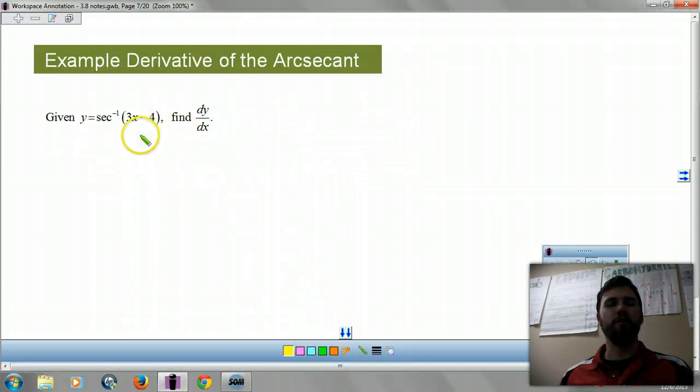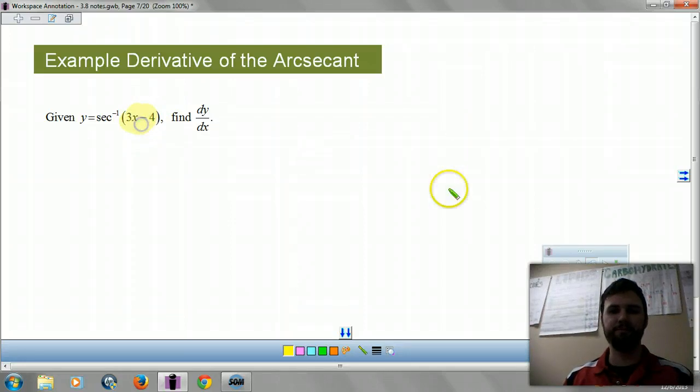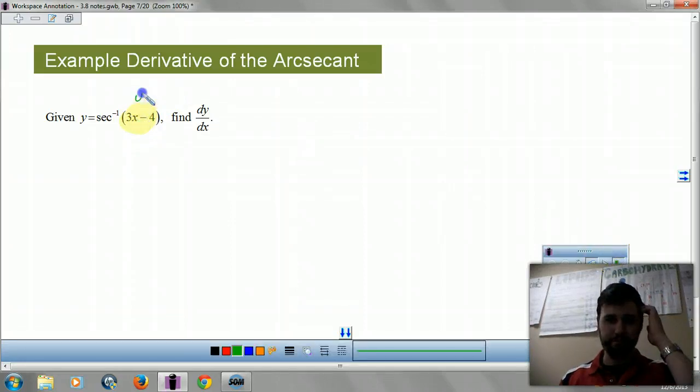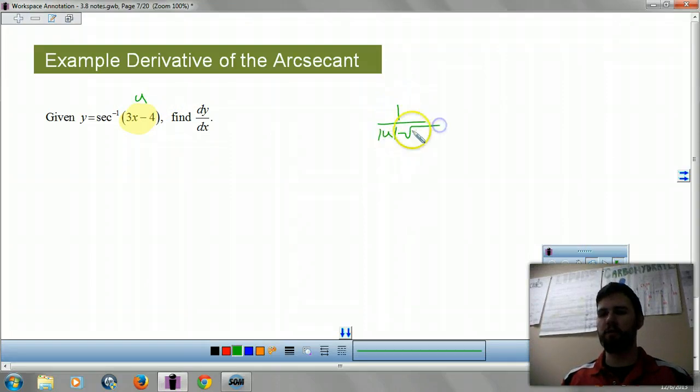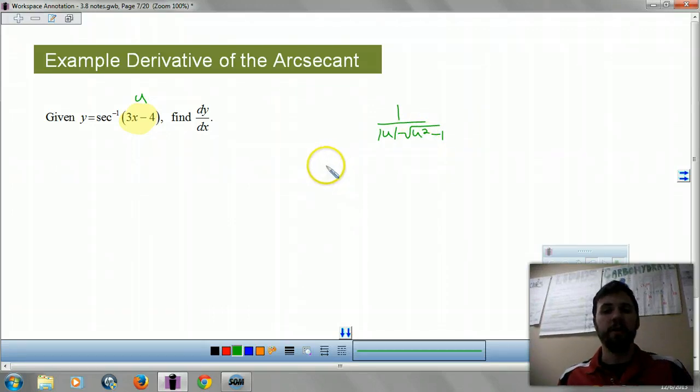Let's try this. y equals arcsecant of 3x minus 4. So this is my u, right? And my equation is 1 over the absolute value of u times square root of u squared minus 1, times the derivative of your inside.